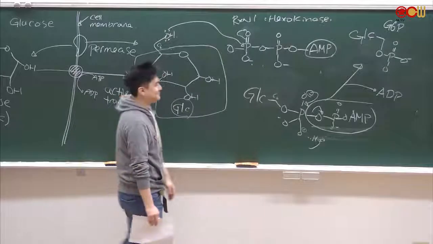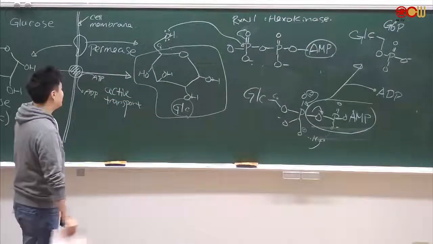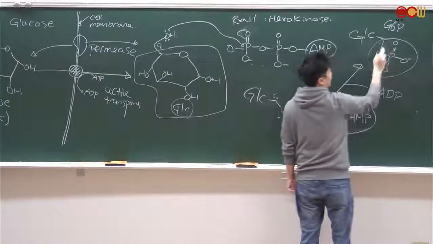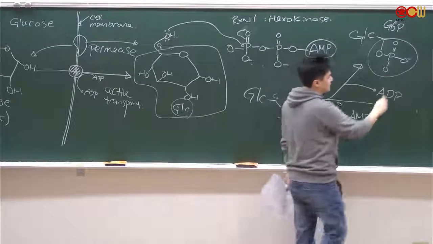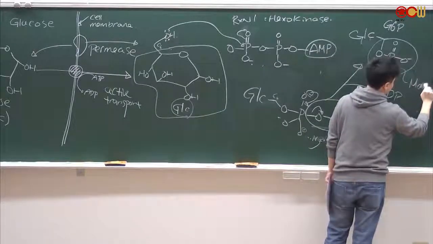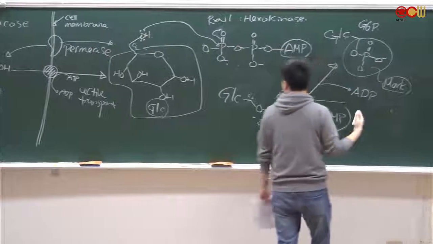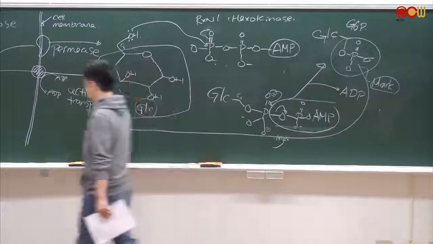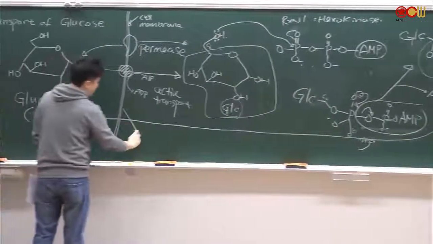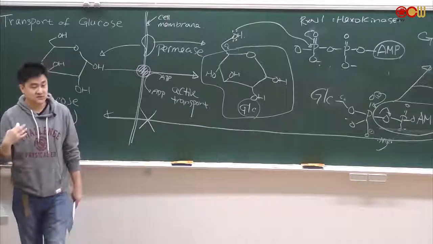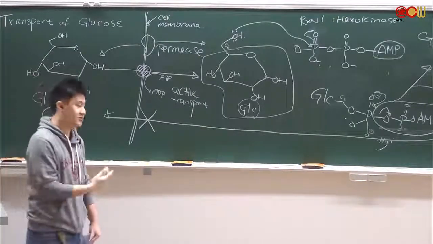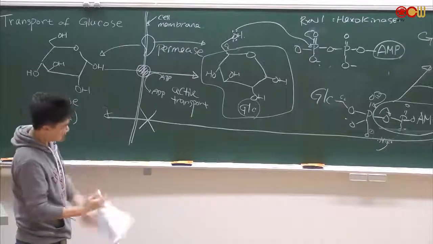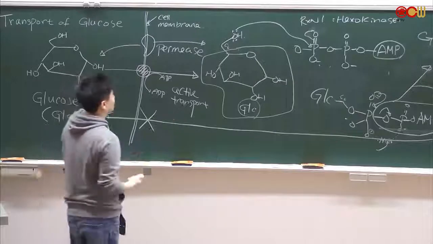Once you form glucose 6-phosphate, this phosphate not only has higher energy, but it also serves as a mark. By mark, I mean that this molecule cannot leave the cell, because the glucose transporters that you have for taking in glucose do not recognize, at least not well, glucose 6-phosphate.